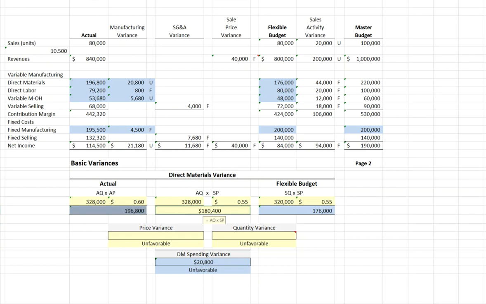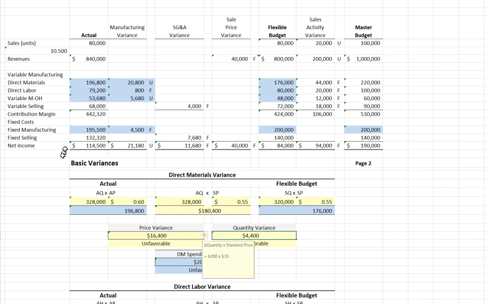We can now go ahead and calculate our price variance, and again, that's the difference between the 196,800 and the 180,400, or more precisely, it's the difference in cost per pound of 5 cents per pound times the 328,000 pounds we purchased. Our quantity variance can be calculated as the difference between the 180,400 and the 176,000, or more precisely, the 8,000 extra pounds that we used at our standard price of 55 cents per pound.